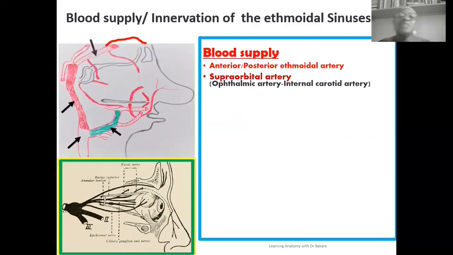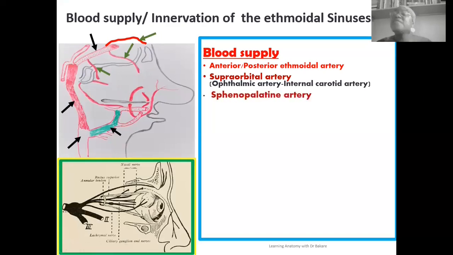The internal carotid further gives off the ophthalmic artery. It is this ophthalmic that gives off the anterior ethmoidal artery and also the posterior ethmoidal artery that is already engraved. And this ophthalmic also gives off the supraorbital artery that is also already engraved. So these three branches from the ophthalmic will give blood supply to the ethmoidal sinuses.